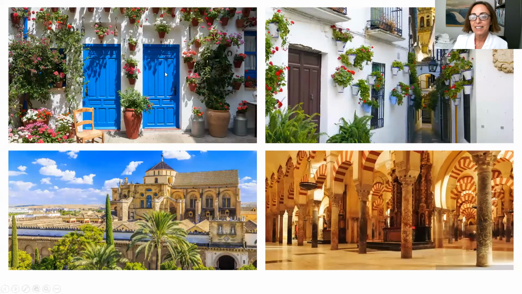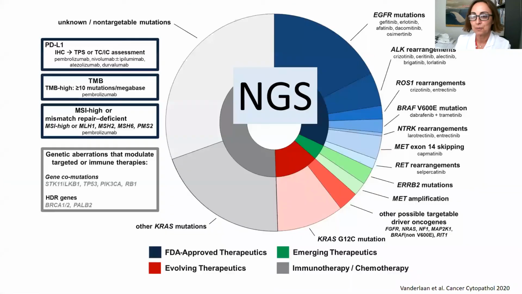And this is a peculiarity of this city. These are called patios. And these narrow streets are decorated with a lot of flowers. There is even a competition in the city to see which street and which house is more decorated with more flowers, more beautiful, etc. It's very beautiful. So another place to go.